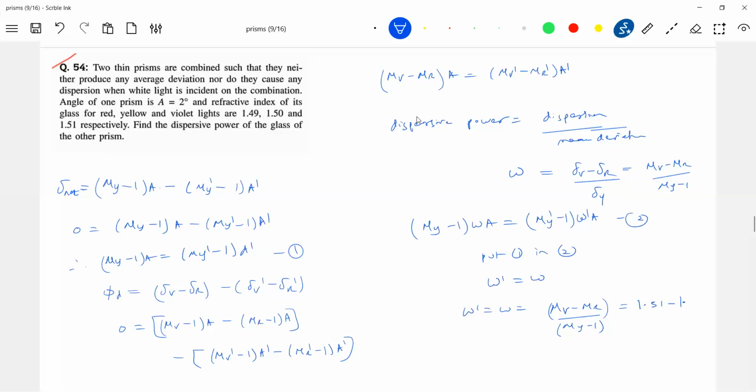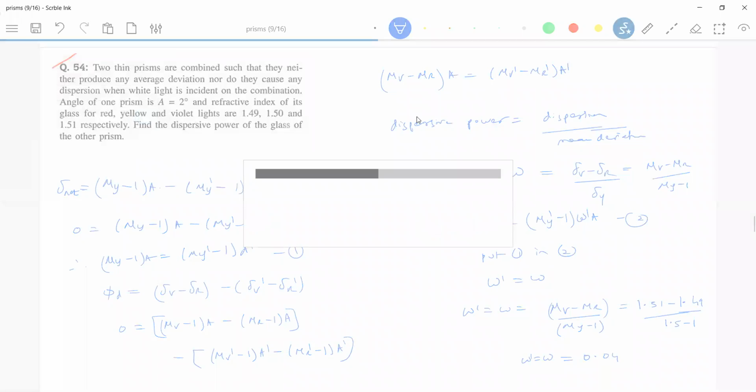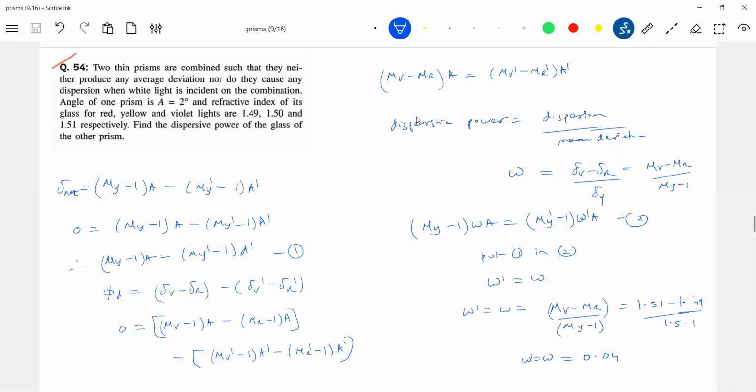That is (1.51 minus 1.49) by (1.5 minus 1), which is 0.04. Just a simple formula based one. Showing that both the dispersive powers are equal is very important.